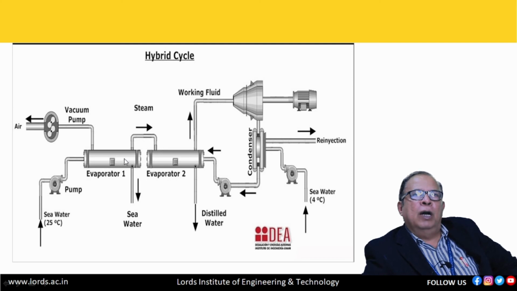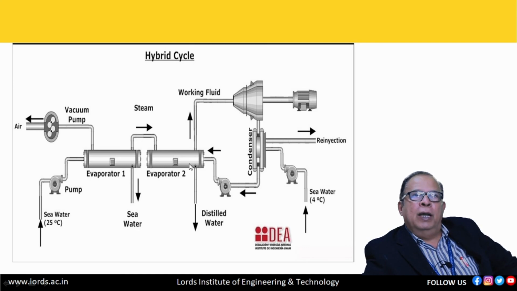Okay, then what will happen? Steam is produced, right? Because we are maintaining a partial vacuum there, so we are reducing the pressure, and this water is flashed into steam. That steam now goes to a second evaporator, where we have the second working medium, that is ammonia.